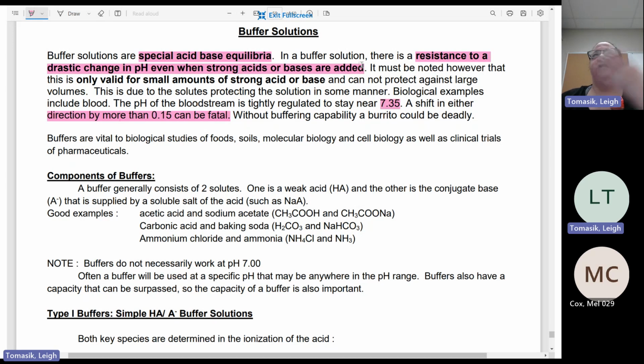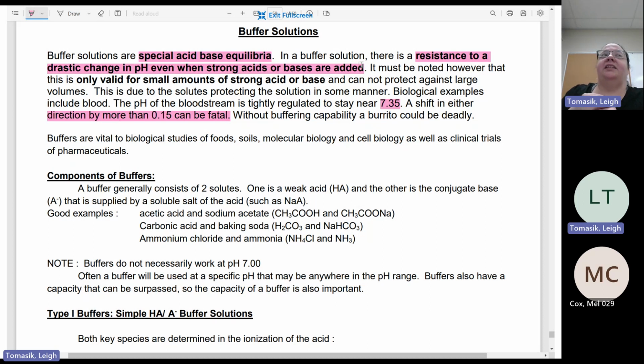The chemicals in our blood are designed to keep it at 7.35. And you may notice that if you interact with a lot of medications, a lot of our painkillers are also buffered, right? They're buffered because they don't want to mess with the pH of our stomach, right?